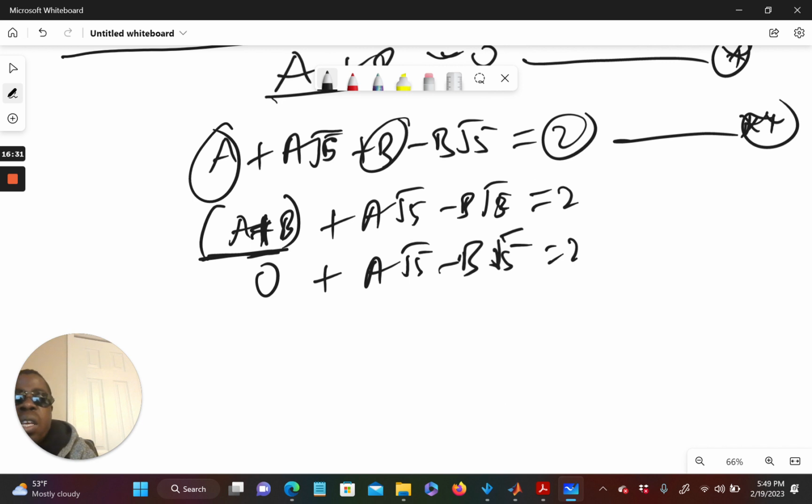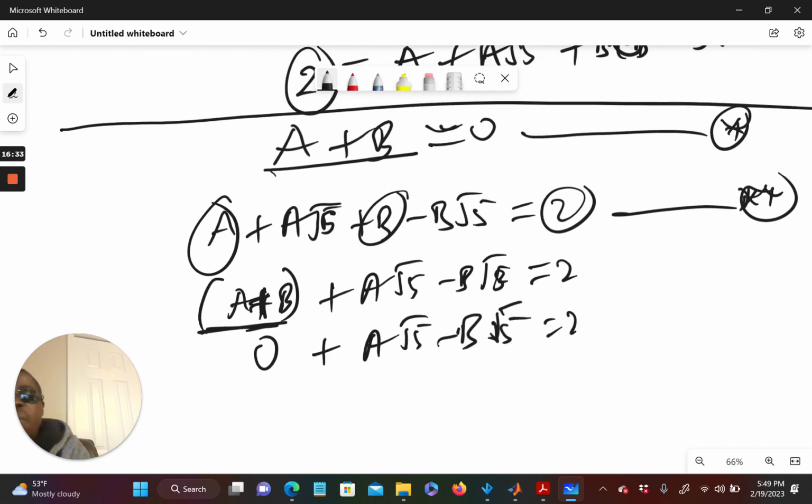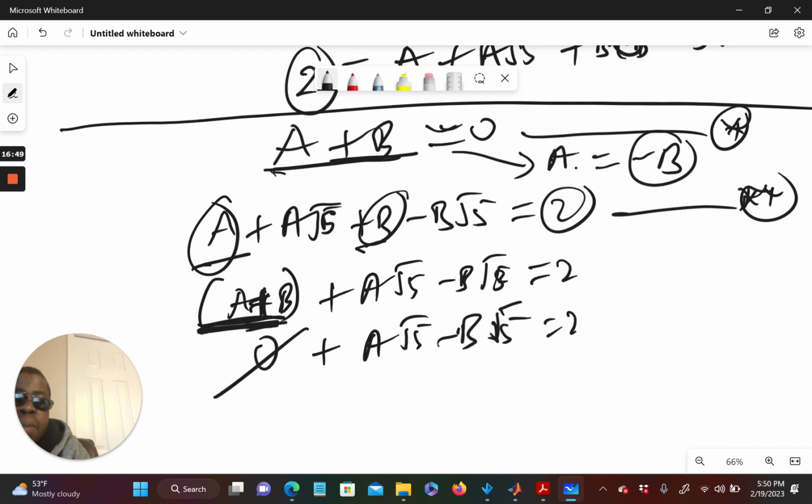now, at the same time, from here, you can already say that a equals negative b. See that? A plus b is 0, right? From here. Then that is gone. Then I'm going to replace a as negative b.